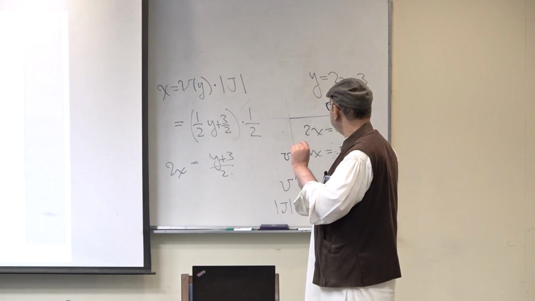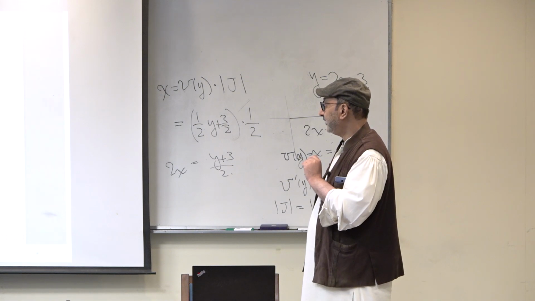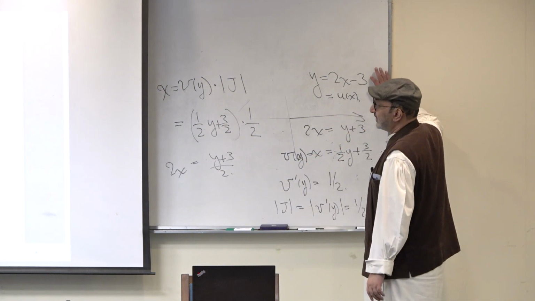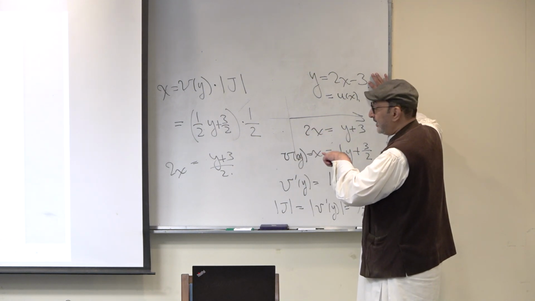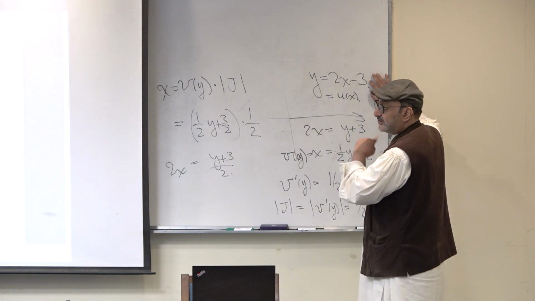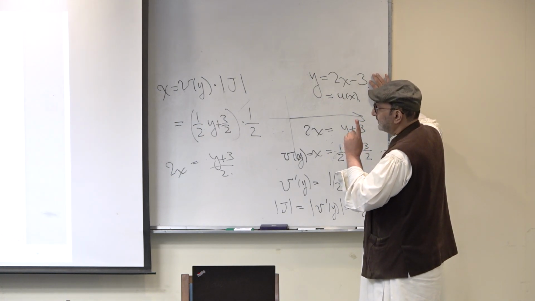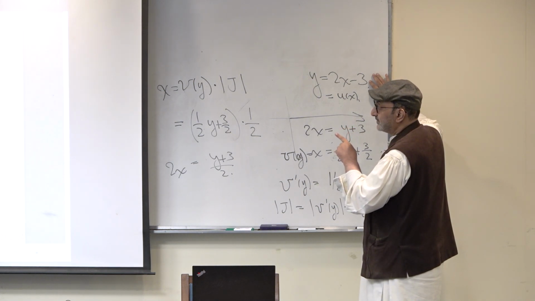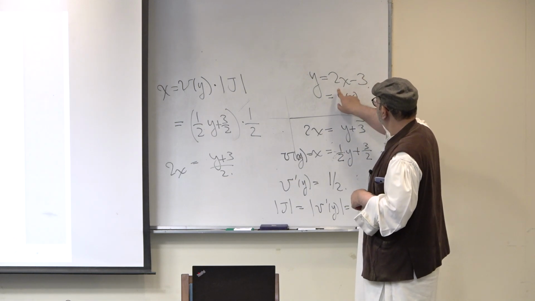X was going from 0 to 1. So what's the range for y? If x takes values from 0 to 1, and y is equal to 2x minus 3, then y takes values from minus 3 to, right?